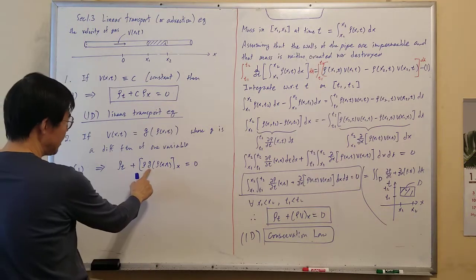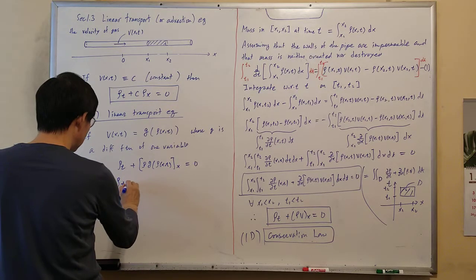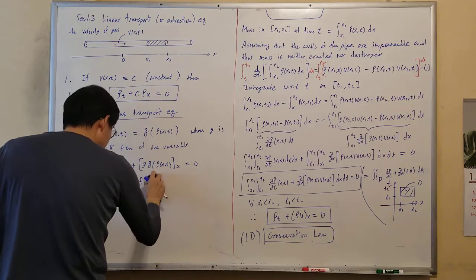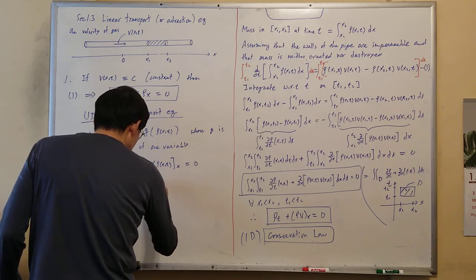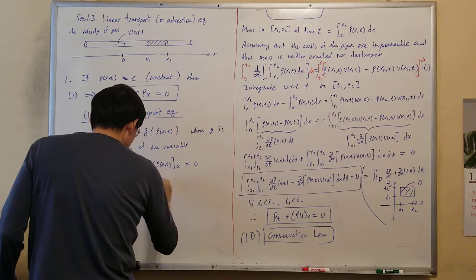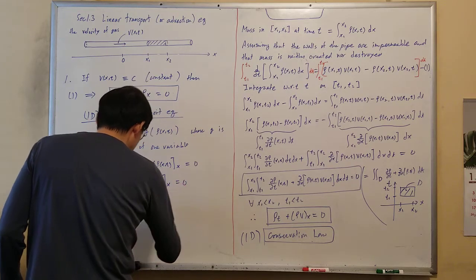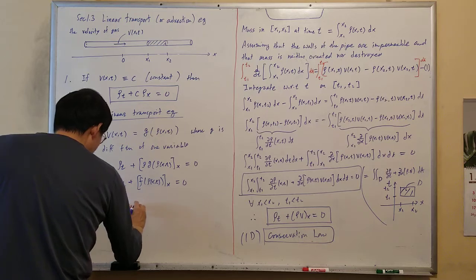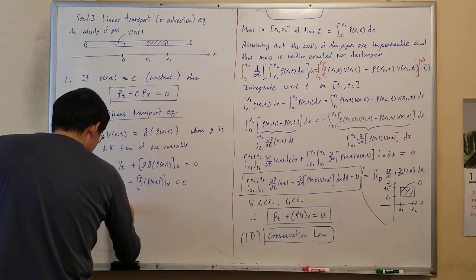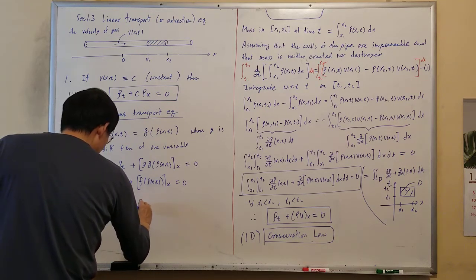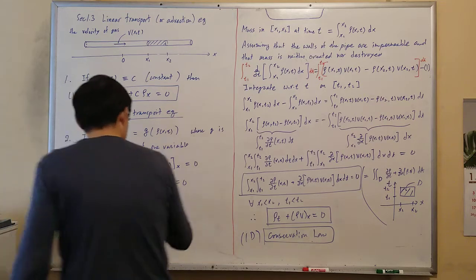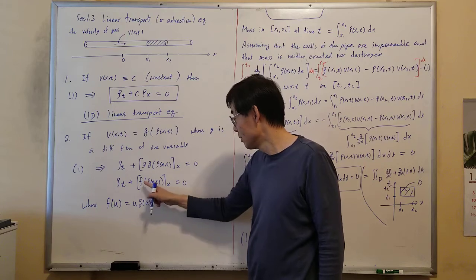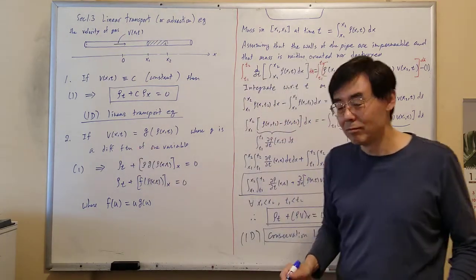So I'm going to call this f of rho, and the x partial of this equals 0, where f of u equals u times g of u. Rho times g of rho. We call it f of rho.